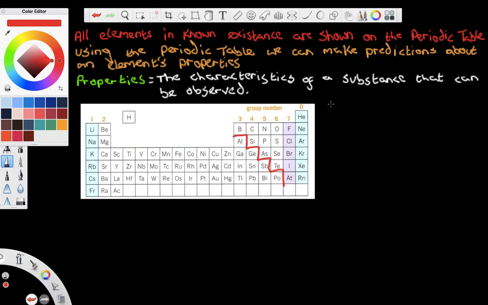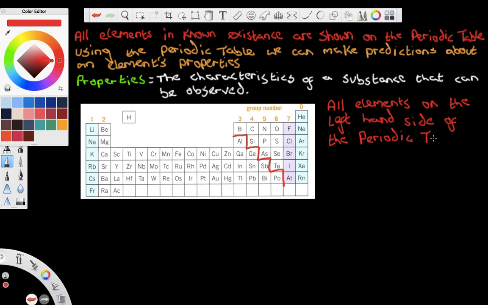So I'm going to put in red over here because it's important that all elements on the left-hand side of the periodic table are metals, whilst those on the right are non-metals.